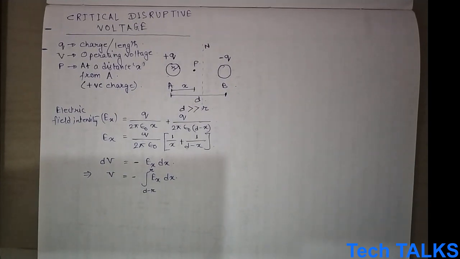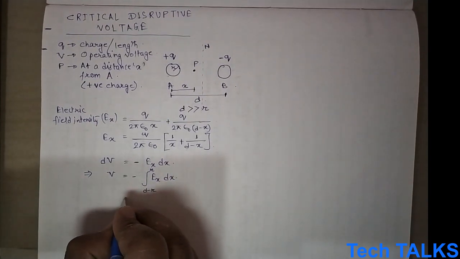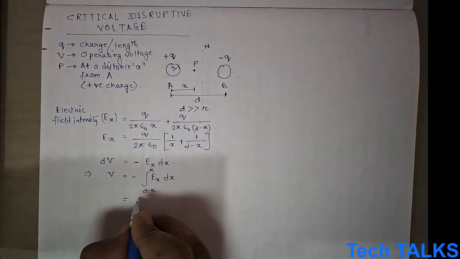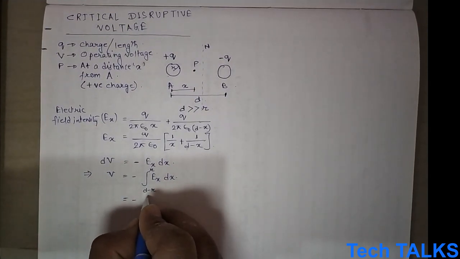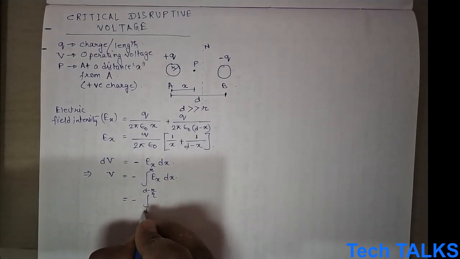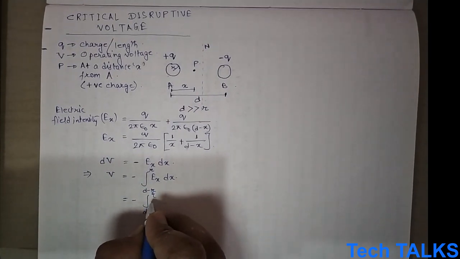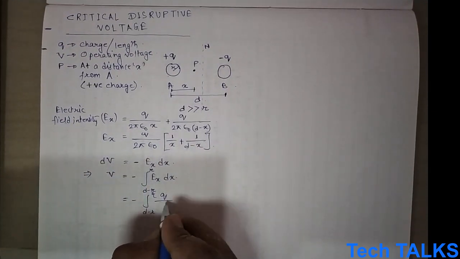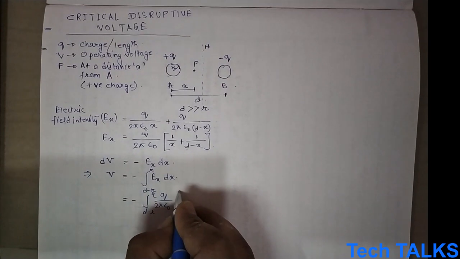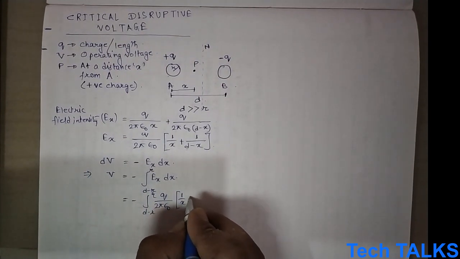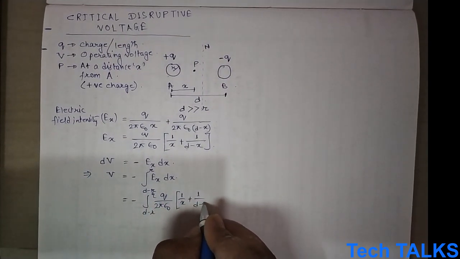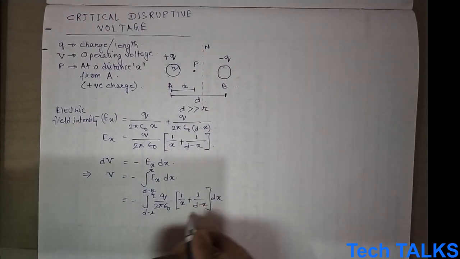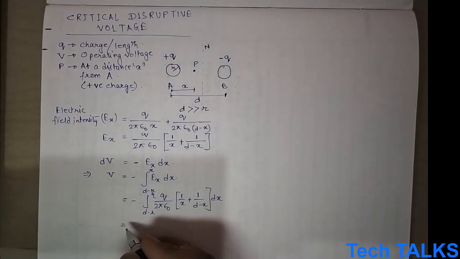For Ex we put the value q by 2 pi epsilon naught (1 by x plus 1 by d minus x) dx, and we will get q by pi epsilon naught ln (d minus r) by r.